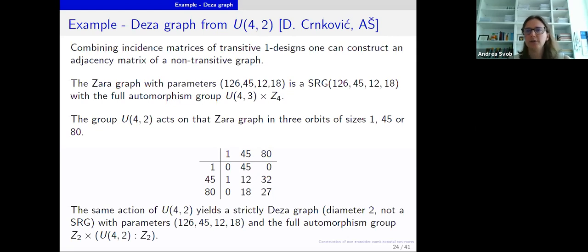One is the graph that is isomorphic with the starting graph, and another graph is called a strictly Deza graph. It is a graph with parameters that are written in a similar way as for strongly regular graphs, but it is not a strongly regular graph, it is a strictly Deza graph, and the full automorphism group is of this type.